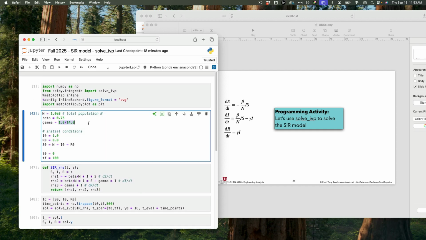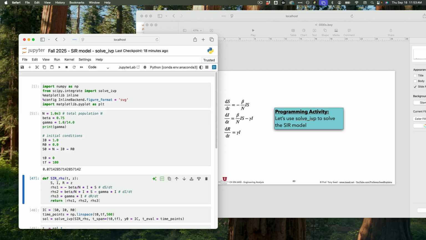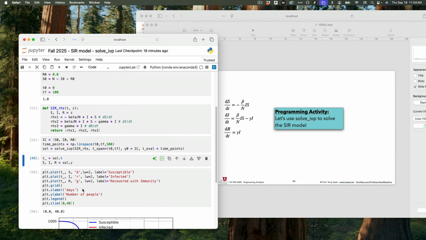Okay, gamma. So what is 1 over 14? Let's just print gamma right now. Okay, 0.07. So let's make gamma bigger, 1. Initially we were about here, 7.5 days for the first to start picking up on recovery.